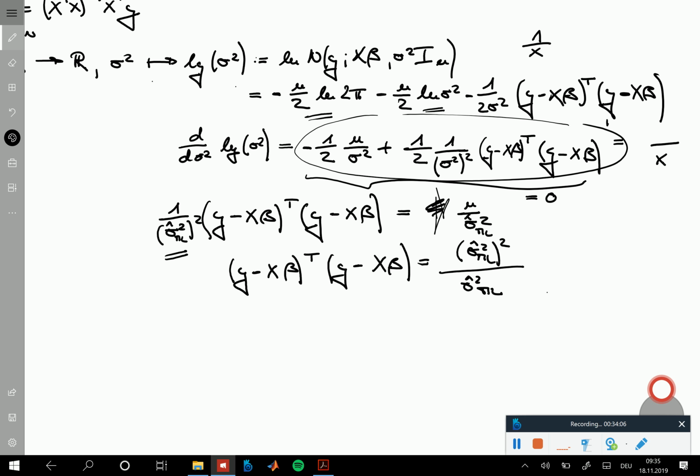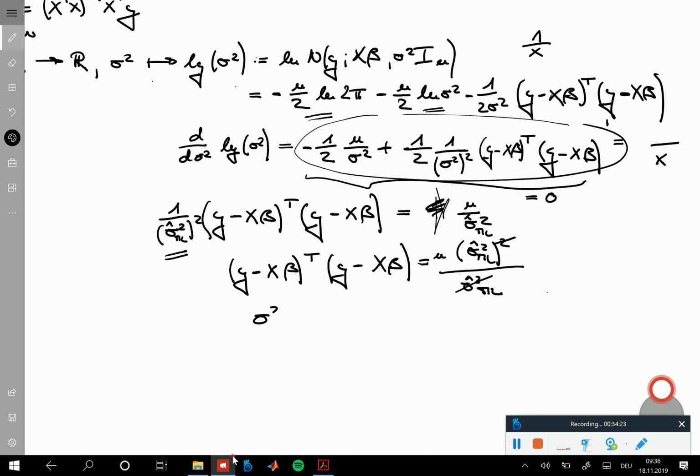Let's put this up here, it's a bit clearer. The 1 over sigma square of course cancels out, so we get rid of that. And then we can divide the whole thing by n, and then we're already there.